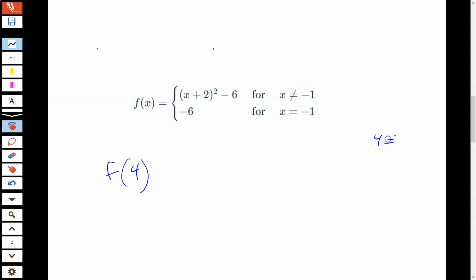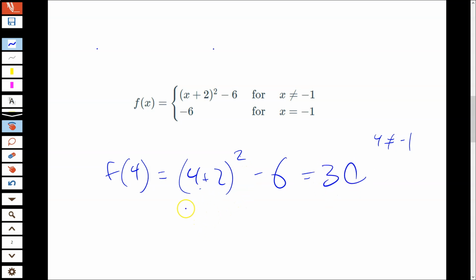Well, 4 is not equal to -1, so that means we use this top piece. So f of 4 would be 4 plus 2 squared minus 6. 6 squared is 36, minus 6 is just 30. Okay, easy enough. Let's say now I asked you for f of -1. Well, it says for x equals -1, f of x equals -6. So that's all there is to it.